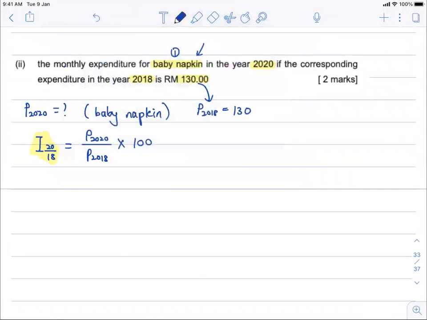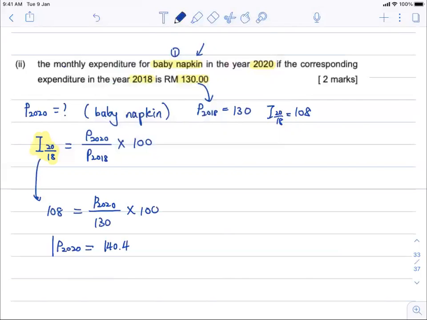Hence, I 20 over 18 is 108. Now we have the value we can substitute into the equation. 108 is equal to P 2020 divided by 130 multiplied by 100. We'll get P 2020 is equal to 140.4. So this is the final answer.